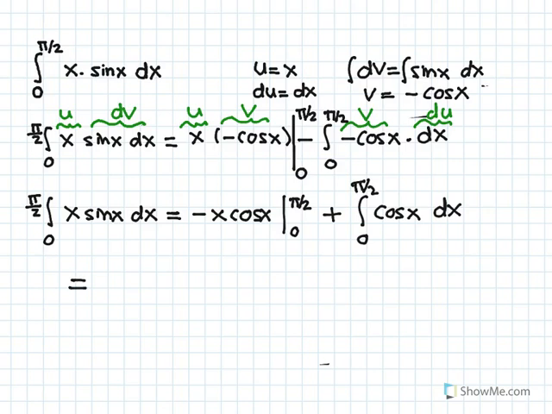So we get minus x cos x from 0 to pi over 2, and the antiderivative of cos x is just sine x, evaluated from 0 to pi over 2.